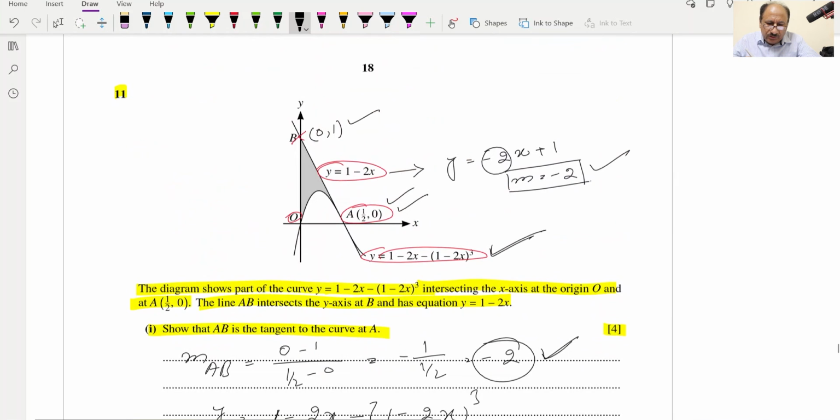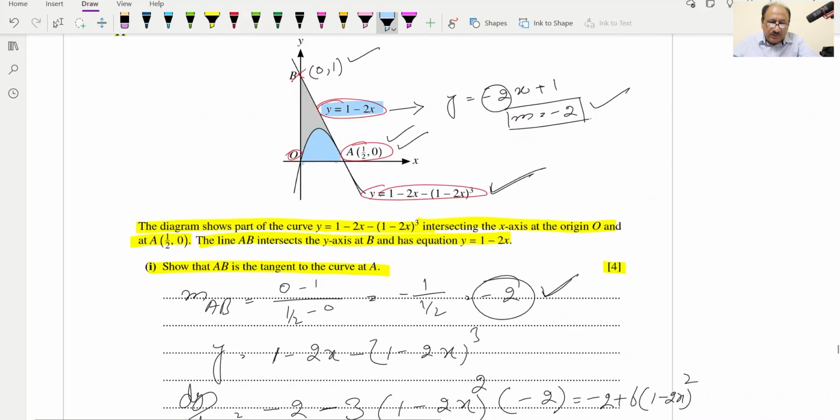Basically it is from 0 to 2, the area under the line, basically the triangle area. From this we will be subtracting the area under the curve. Area under this line will be the whole triangle, but we will be subtracting the area under the curve.